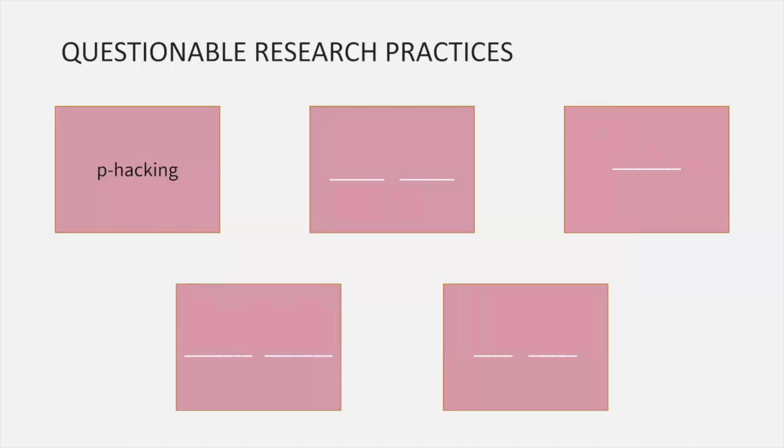But besides p-hacking, there are other questionable research practices that are coming into light. Do you know other names, other synonyms, other questionable research practices? Again, you can type it or you can share it.